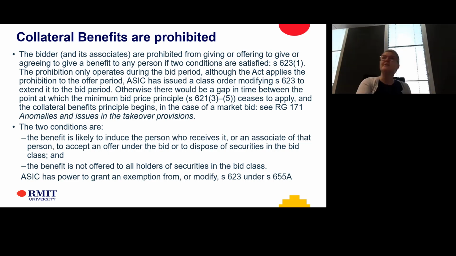And one of the reasons for this is ultimately Eggleston, because the principles, transparency and fairness, trump meeting the letter of the law. So if the law is getting in the way of achieving transparency and fairness, then ASIC has a power to modify. And it is a really broad power which they can wield quite officiously, if I do say so myself.